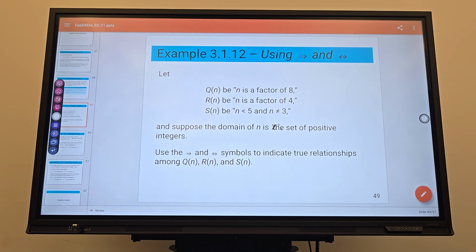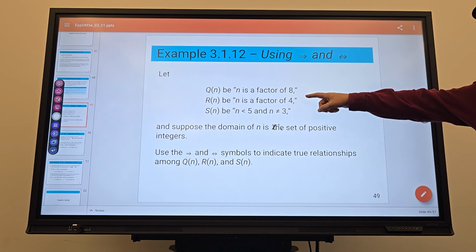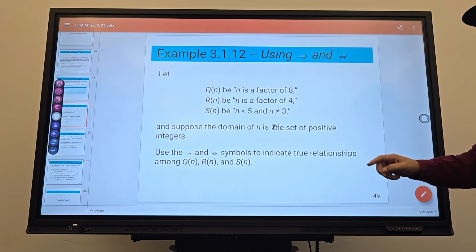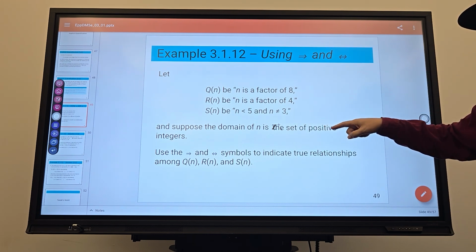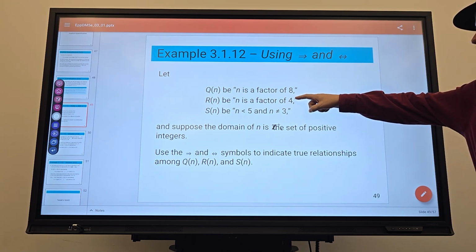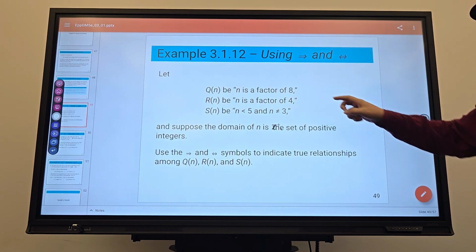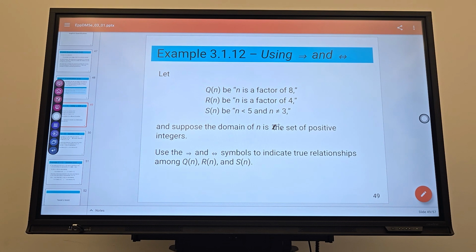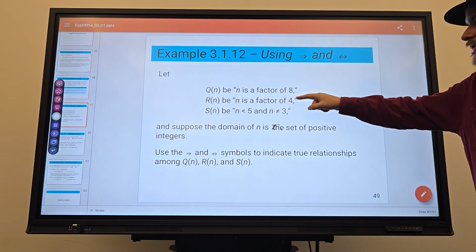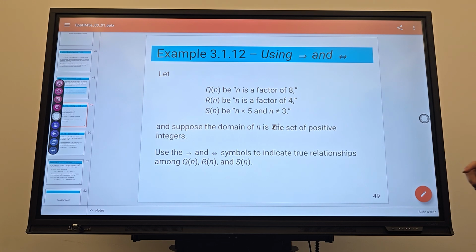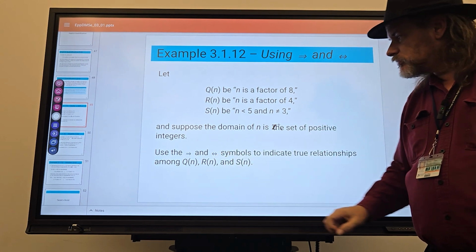Well, one way to look at it is R of n is a subset of Q of n, so the right arrow would go from R of n to Q of n. R of n and S of n are the same, so they can have the bidirectional arrow.